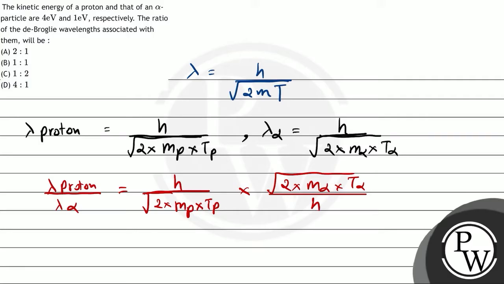Okay, so here we can cancel h with h and root 2 with root 2, from which we will get root of mass of alpha particle into kinetic energy of alpha particle divided by mass of proton into kinetic energy of proton. Okay, so this is the ratio.